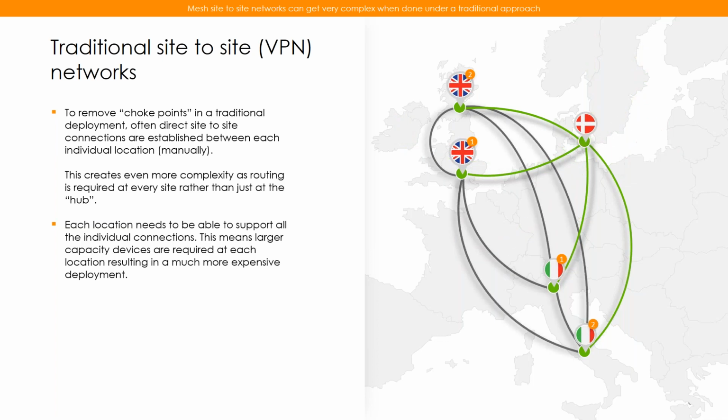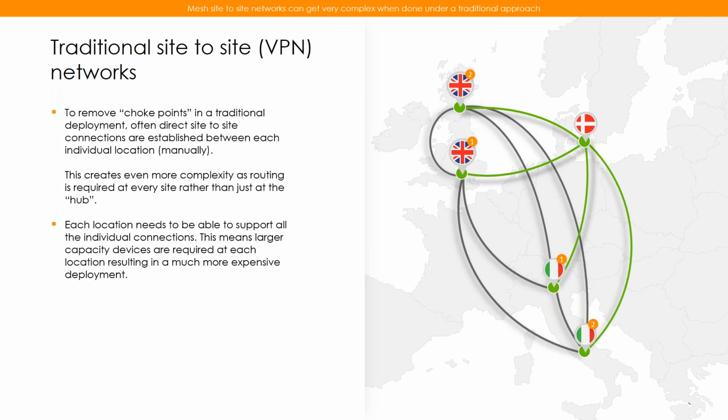So maybe we want to resolve the choke point so that the traffic that has to come from Italy to the UK does not go over the main hub, but we put that traffic directly from one office to another to make sure that the hub will not be overloaded.